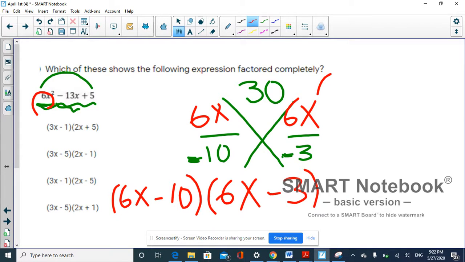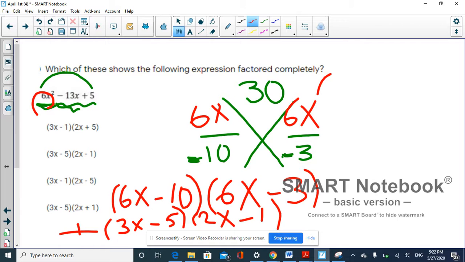You know that we have to reduce or simplify these numbers. The first factor, we have 6 and 10, we can divide by 2. It will be 3x minus 5. The second, 6 and 3 can be divided by 3. 6 divided by 3, 2x, and 3 divided by 3, 1.